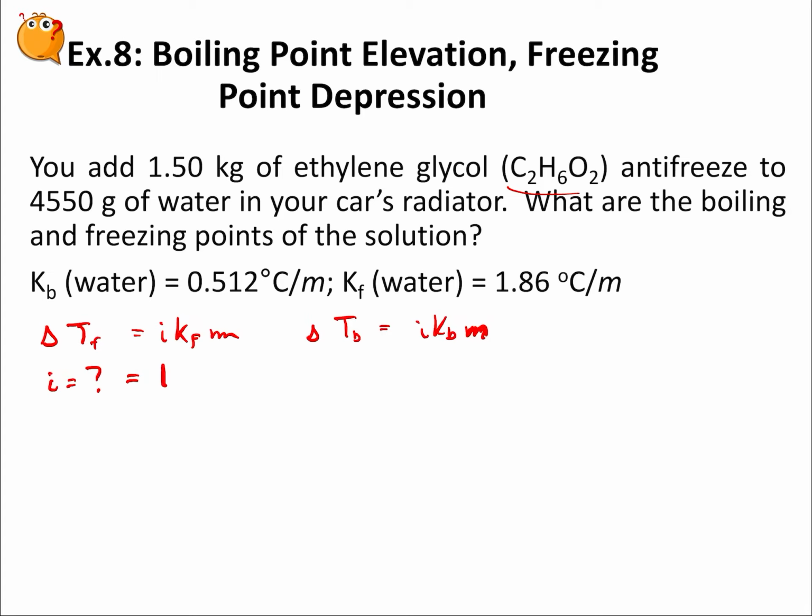The next thing we need is the molality of the solution. Remember, the molality is equal to the moles of solute over the number of kilograms of solvent. The solvent here is going to be the water, and the solute is going to be our ethylene glycol because it's present in lower amount.